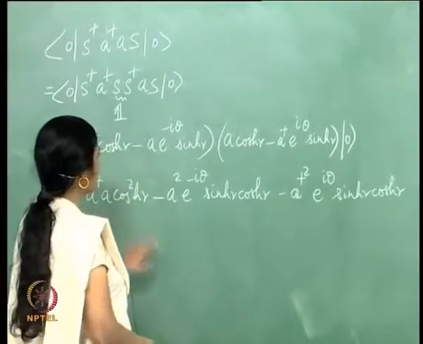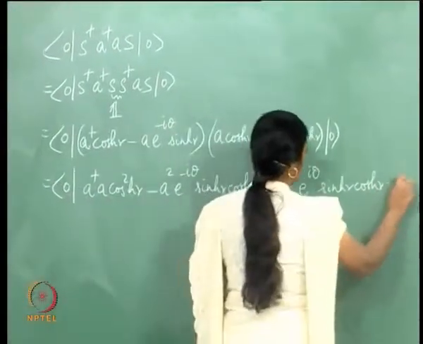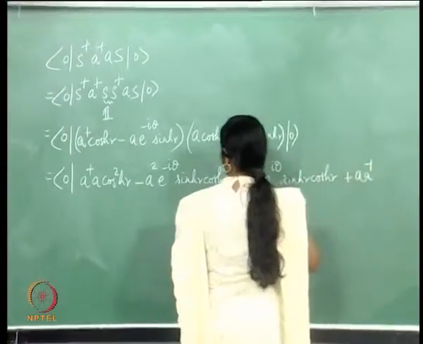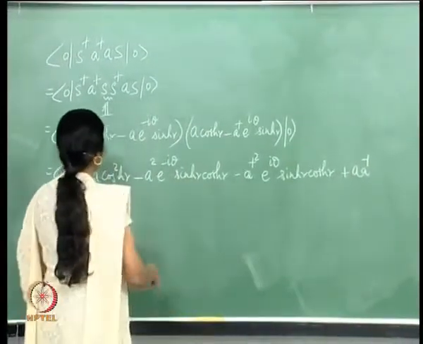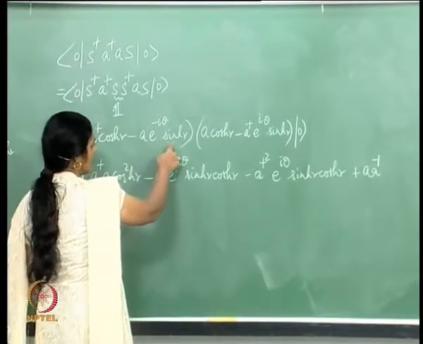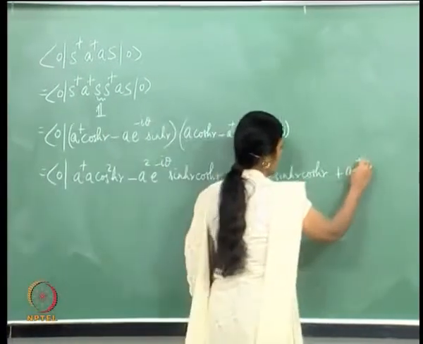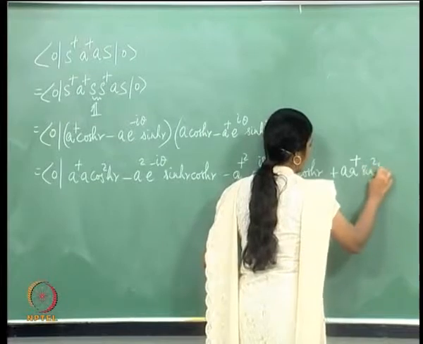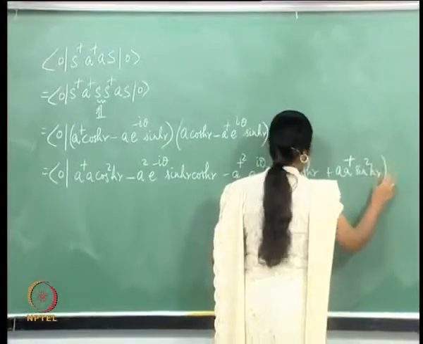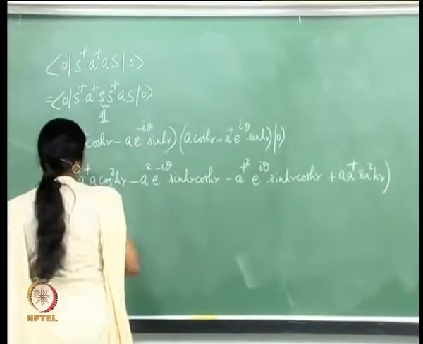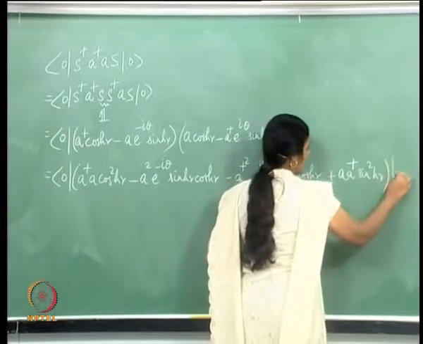And the last term is plus A† A sinh² r. And this whole thing acts on |0⟩.